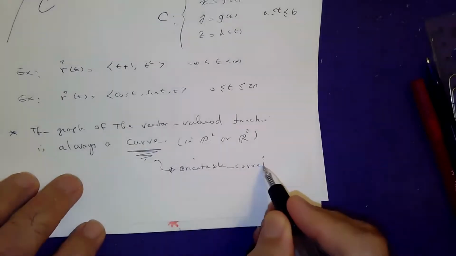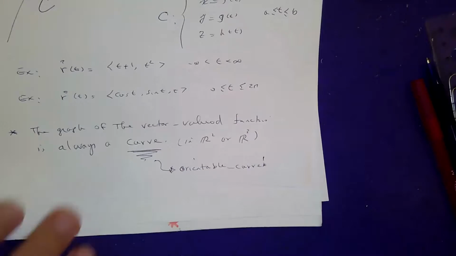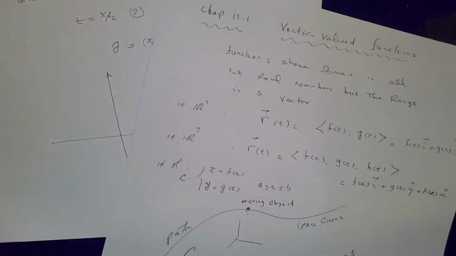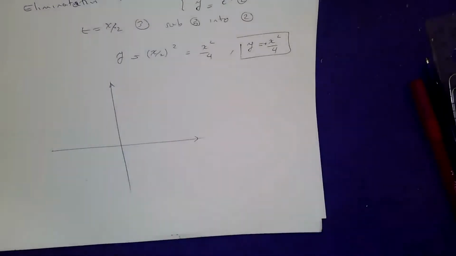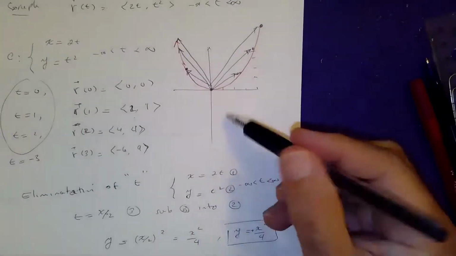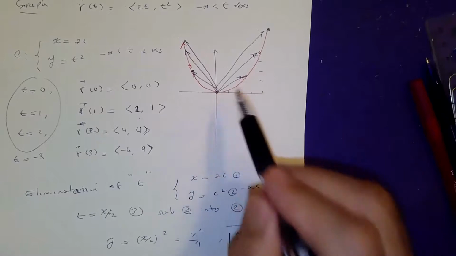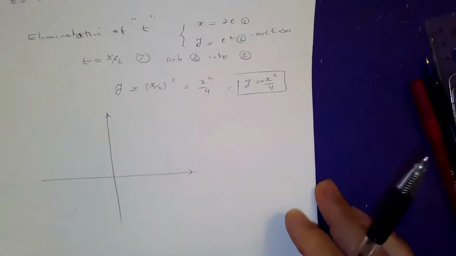Excuse me, what's orientable? Orientable means they have direction. You can't just draw a parabola because you're dealing with a moving object on a path. I need to know exactly which way the object is traveling.